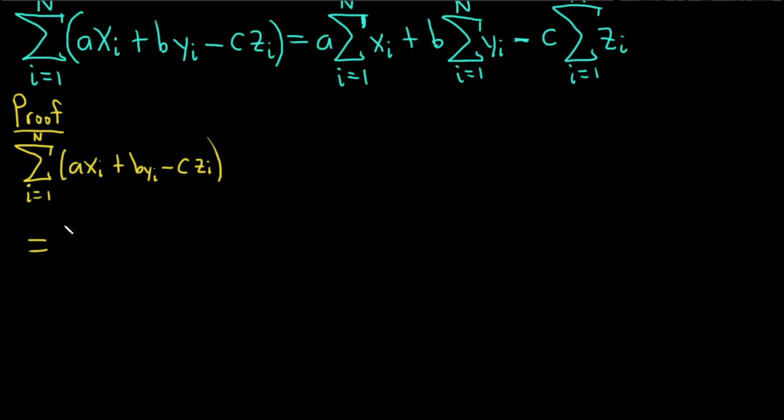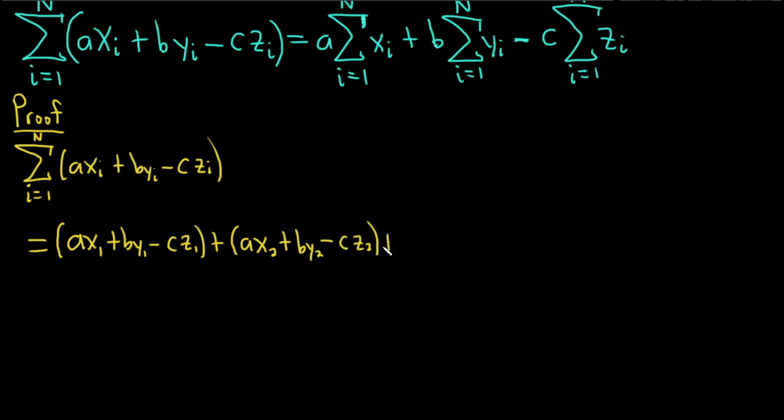So you plug in 1, and you get a x_1 plus b y_1 minus c z_1, plus, right, it's a summation, so you add the next one. Now you plug in 2, so it'll be a x_2 plus b y_2 minus c z_2, and plus, etc.